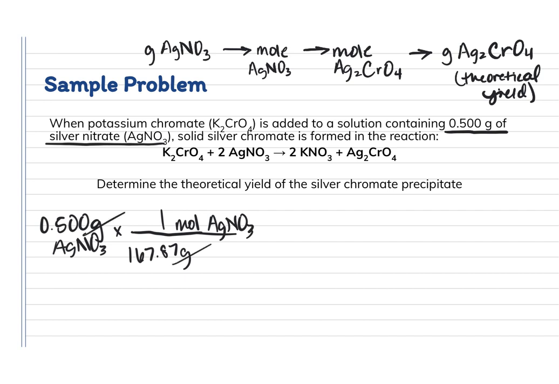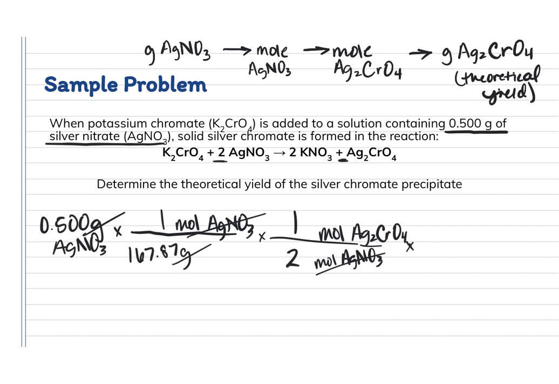Grams will cross out. I'm then ready for my mole ratio. So moles of AgNO3 get turned into moles of Ag2CrO4, okay? If I look at my mole ratio, this is balanced for me. AgNO3 is going to have a 2 in front of it. This will have a 1 in front of it. Moles of AgNO3 crosses out.